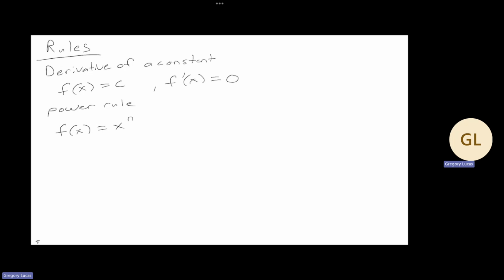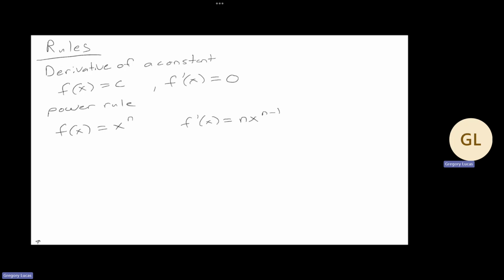It could be a positive integer, which is a lot of times a little bit easier, but it could truly be anything. It could be rational, irrational. The power rule will apply. So if we have just some power, for the derivative, we multiply by that power, and then subtract 1 from that power. So we get n times x to the n minus 1. So that is our power rule.